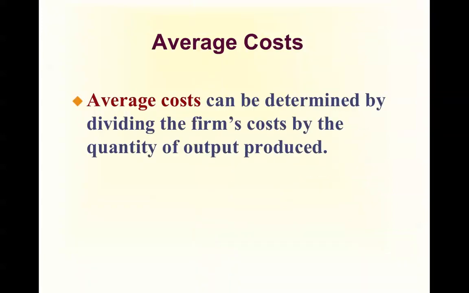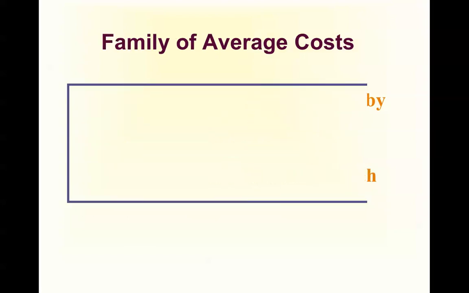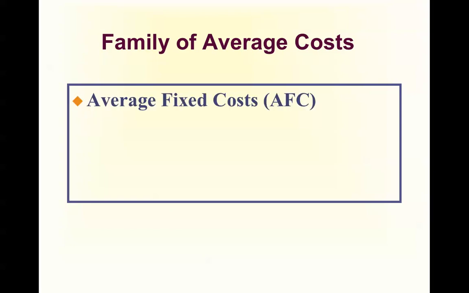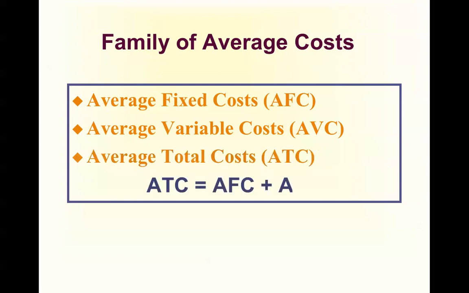Now some more terminology. Average costs. Average costs can be determined by dividing the firm's cost by the quantity of output produced. The average cost is the cost of each typical unit of product. And as with total cost, we have a family of average costs: average fixed costs, average variable costs, and average total costs, where ATC is equal to AFC plus AVC.